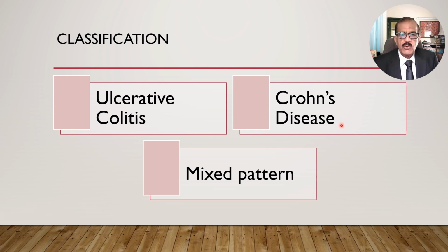If you manage to reach the lesion by endoscope, the picture would be that of Crohn's disease, and findings on imaging, CT scan and other things, and on biopsy would be that of Crohn's disease. And then we have mixed pattern. Mixed pattern means at one time some features are those of ulcerative colitis and other features are those of Crohn's disease.